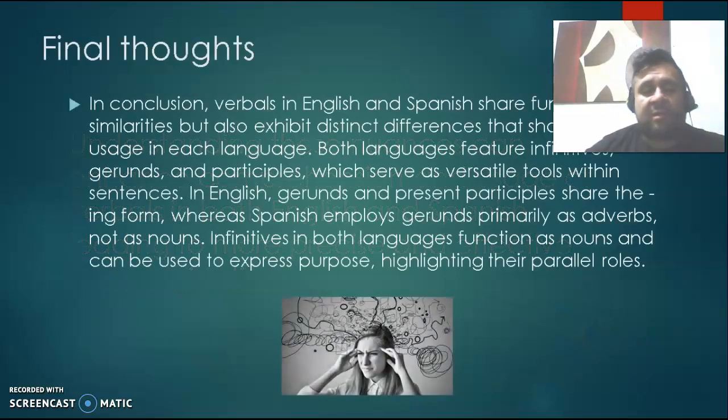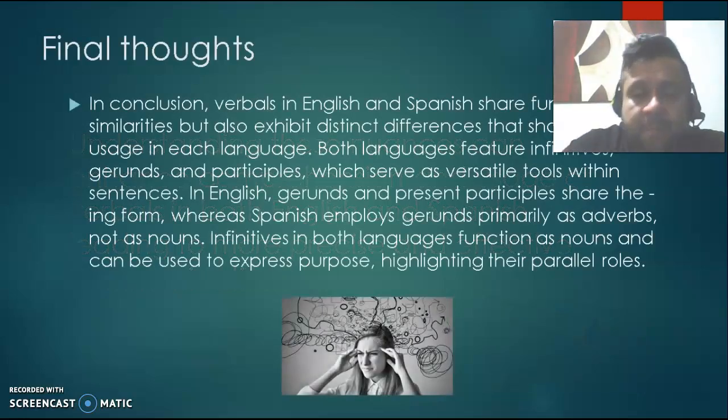Now the final thoughts for this presentation is that verbals in English and Spanish share fundamental similarities, but also exhibit distinct differences that shape their usage in each language. Both languages feature infinitives, gerunds, and participles, which serve as versatile tools within sentences.